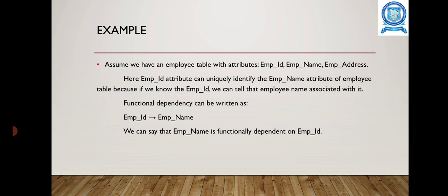That means we can tell that the employee ID is associated with the particular name. That is, the functional dependency can be written as employee ID tends to employee name. We can say employee name is functionally dependent on employee ID. That means we can determine the particular employee name by using the employee ID.